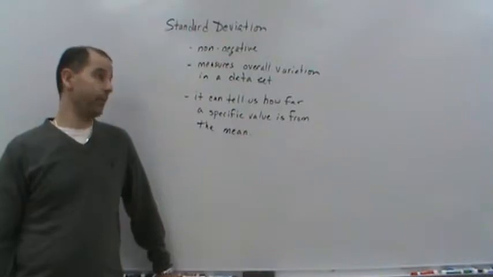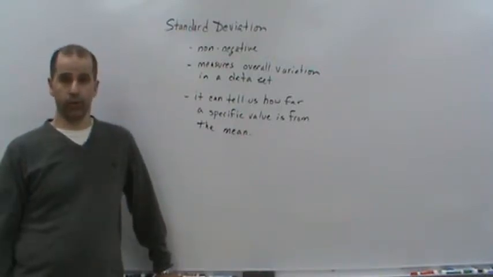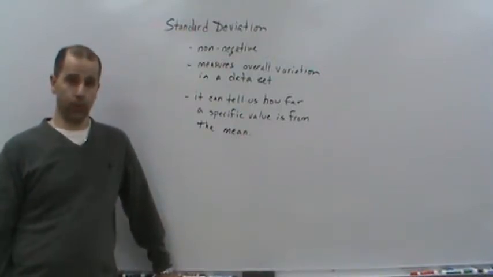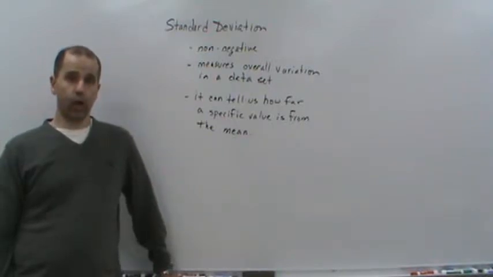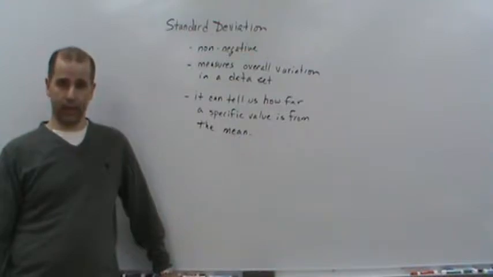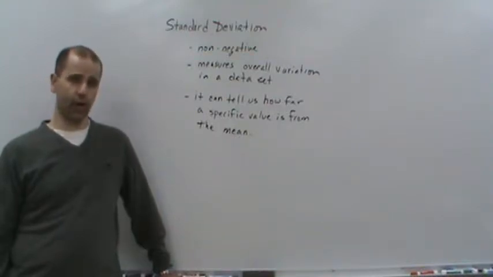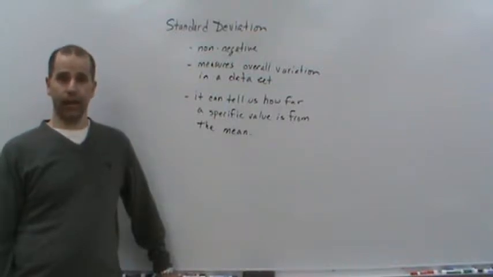That's what makes it useful, and that's why we use it: it's easy to interpret. We'll talk about variance later, but variance is directly related to standard deviation. We use standard deviation the vast majority of the time because it's easy to understand, and you have to calculate one to get the other anyway.